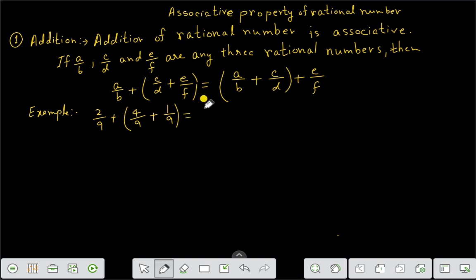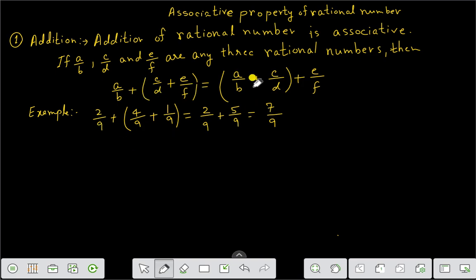Then if we add, you will get 2 by 9 plus, 4 plus 1 is 5, 5 by 9, that is equal to 5 plus 2 is 7, that is 7 by 9.